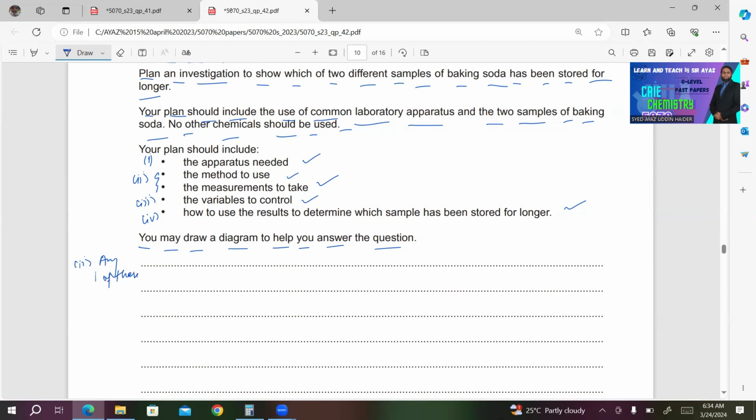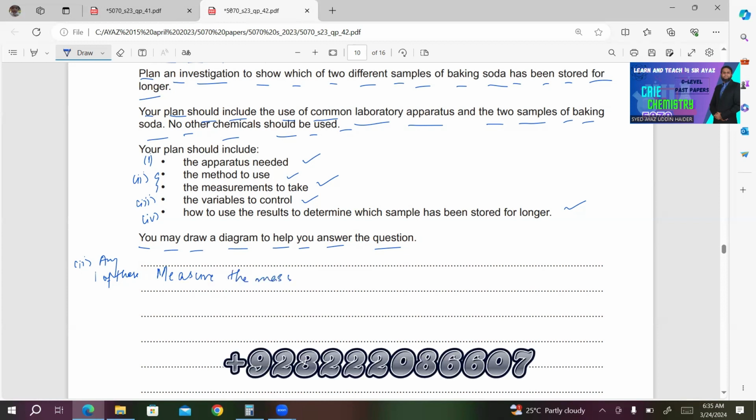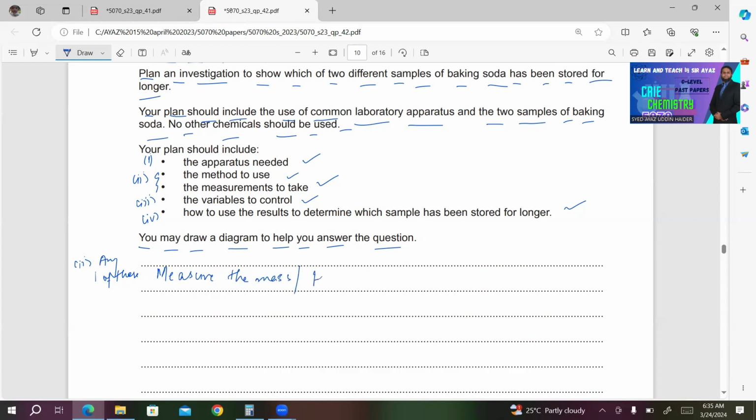So method and measurement: you have to measure the mass, then you have to heat it. Then you will measure the volume of gas or bubbles produced. Or you will measure the time in which the gas is turning lime water milky. So we will start: measure the mass, heat the samples.